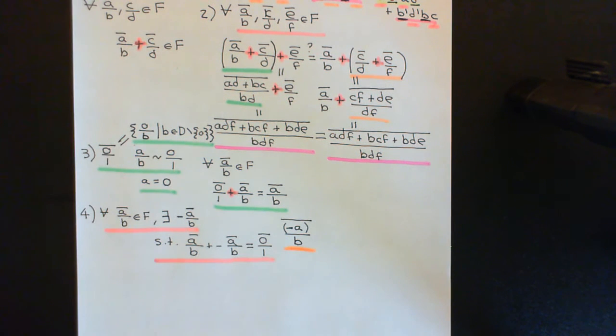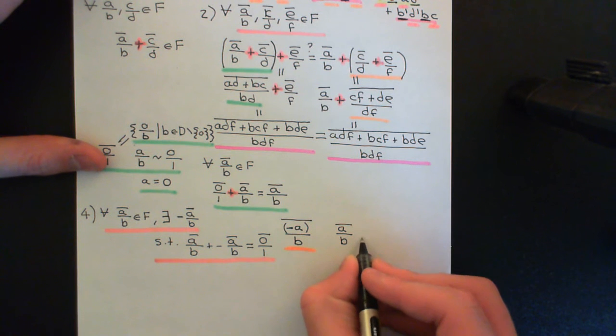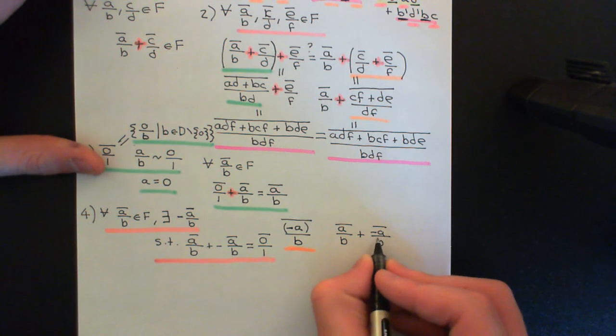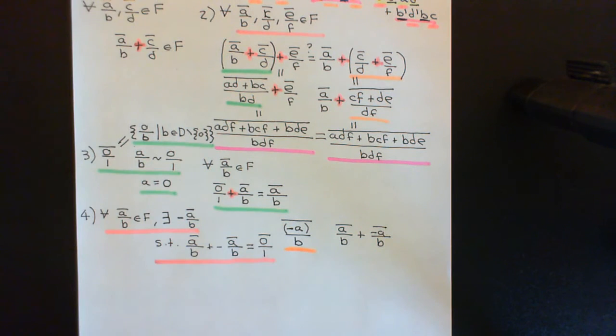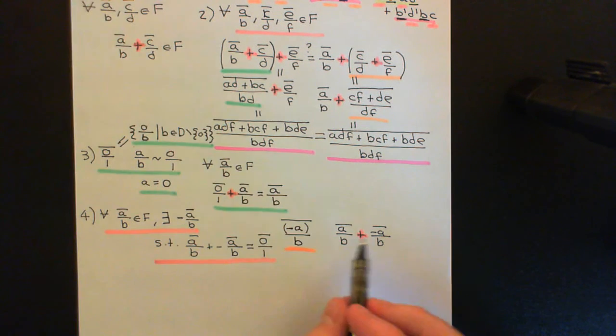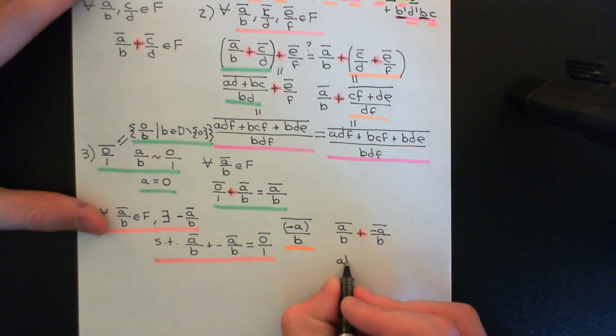So you can find this equivalence class, and let's now see what would happen if I added this equivalence class to this equivalence class. So let's now ask, what is a over b bar plus negative a over b bar, the equivalence class that contains this fraction? And we're doing this addition in the fraction field here. So what we'll do is multiply a and b together in the integral domain, the numerator here with the denominator here. So we're constructing the new fraction.